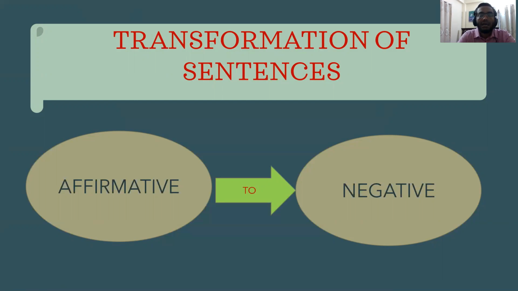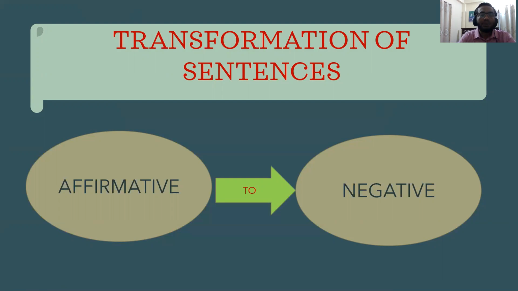Okay, fine. At first, I'm going to say something about the topic. As you know, sentences can be divided into two parts: functional sentences and structural sentences. And you know that functional sentences are of five kinds: assertive, interrogative, imperative, optative, and exclamatory.